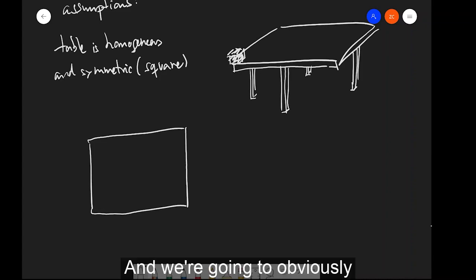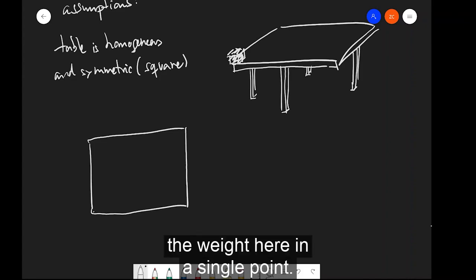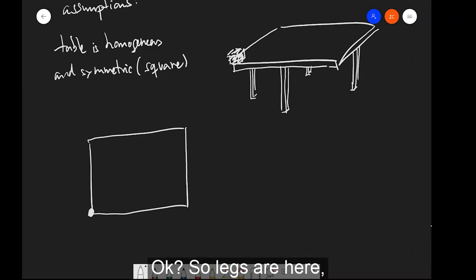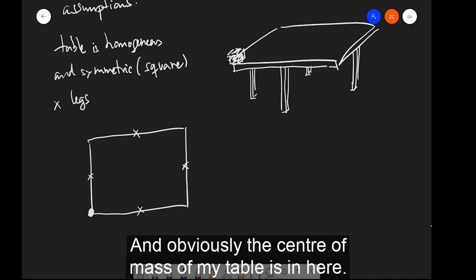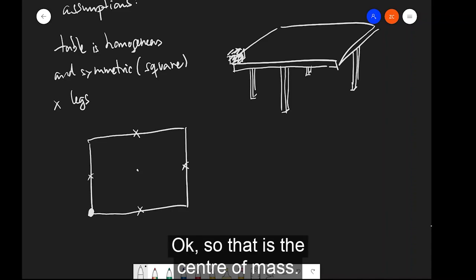And we're going to obviously simplify that the object applies the weight here in a single point. Okay, so legs are here, here, here, and here. So these are legs. And obviously the center of mass of my table is in here. Okay, so that is the center of mass.